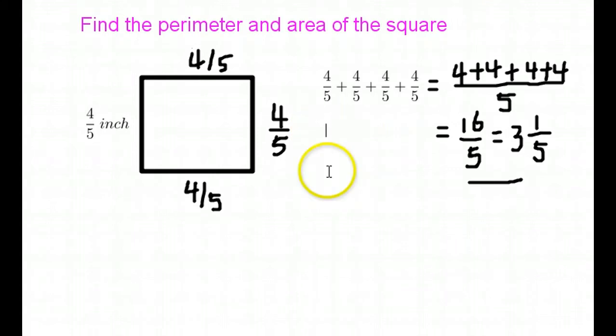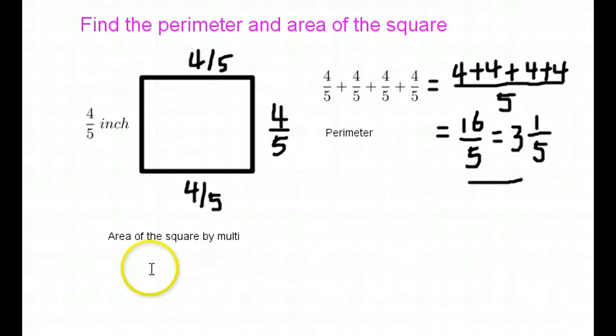Once we get our perimeter, we can go over to the determination of our area. So the area of the square is found by multiplying the sides.